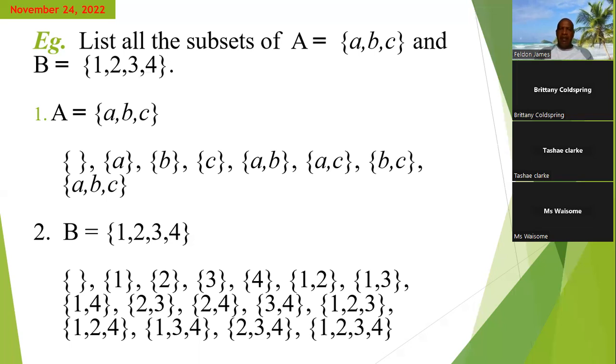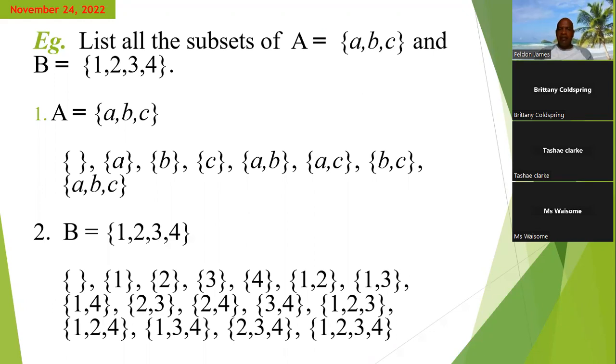All right. That might look as if that's what's happening, but actually, if you have 5 members in the set, you're going to get 32 subsets.